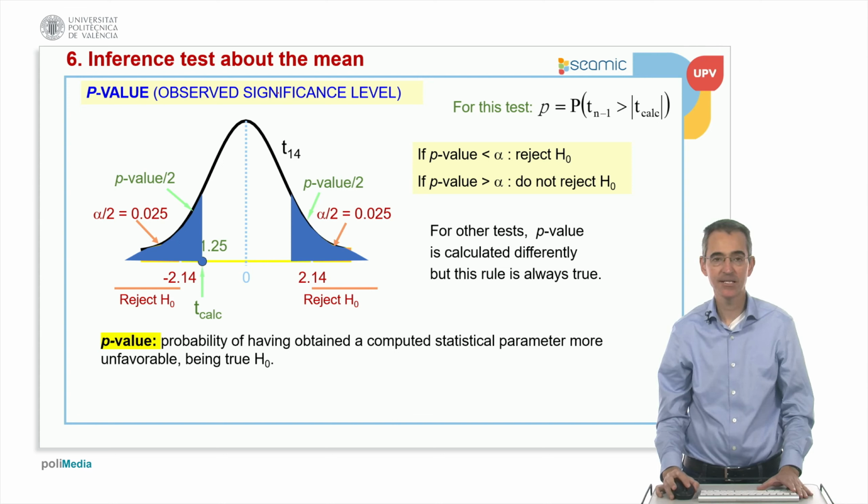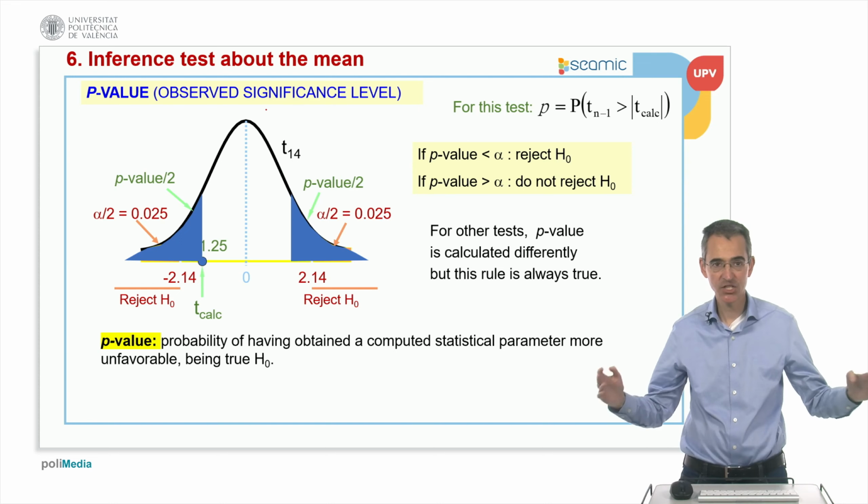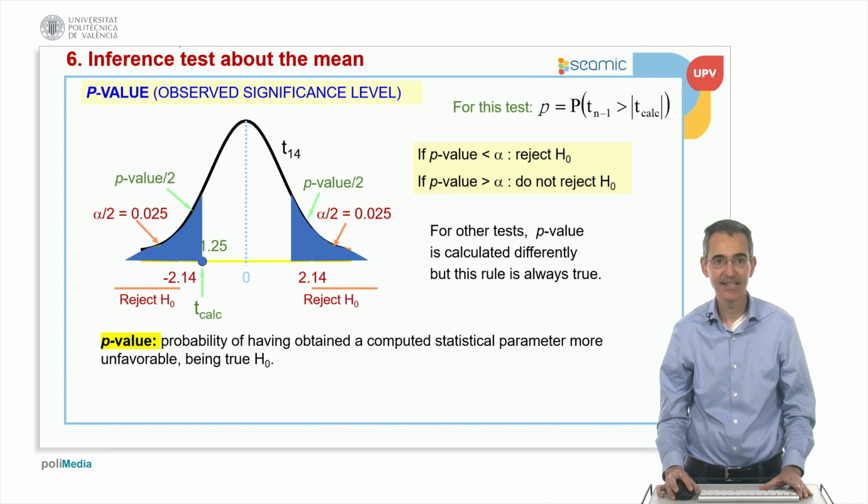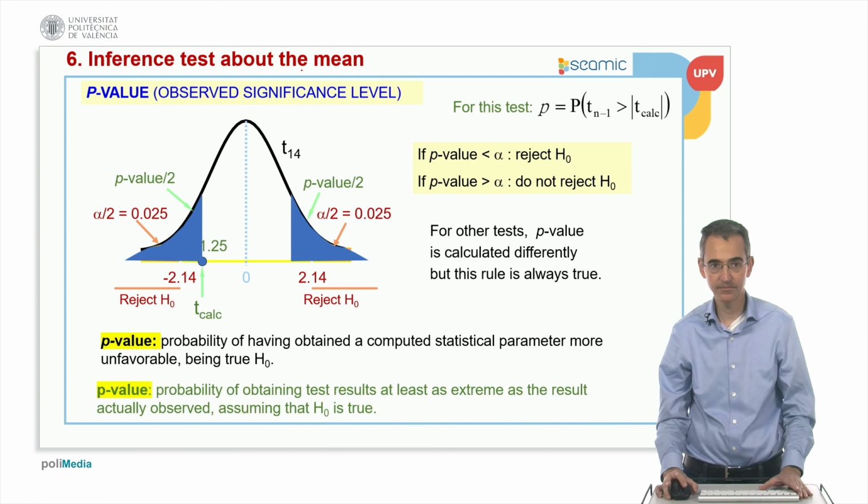We have obtained, in this case, a calculated t of minus 1.25. More unfavorable in the sense of rejection means on the left side in this case, but it would also be more unfavorable if it is positive 1.25 or bigger. So this is why this area is multiplied by 2. So try to think about this definition and this picture.